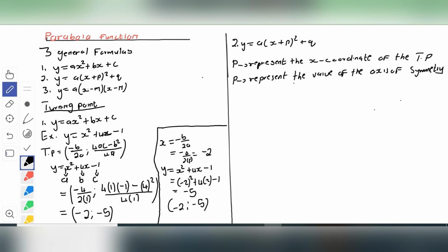So what is q? Okay guys, for now let's not talk about it a lot, but just know that q represents the y coordinate of the turning point.